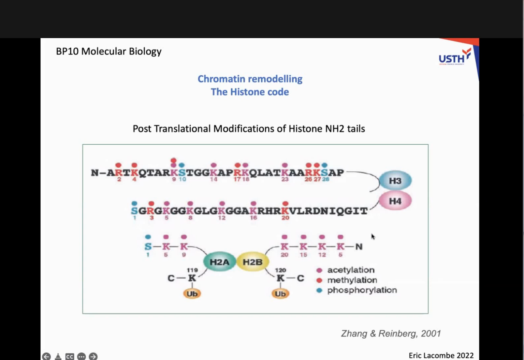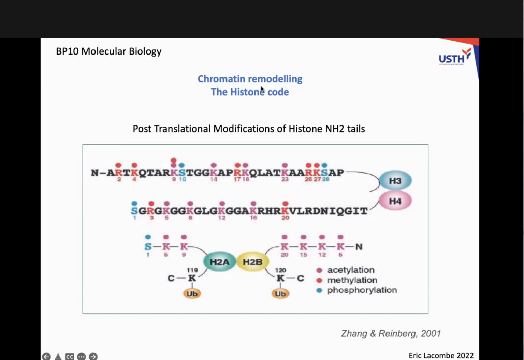One important point: a lysine cannot be acetylated and methylated at the same time. So this lysine can be either not modified at all, or acetylated, or methylated. So 3 possibilities, and you have plenty of different sites with different post-translational modifications.